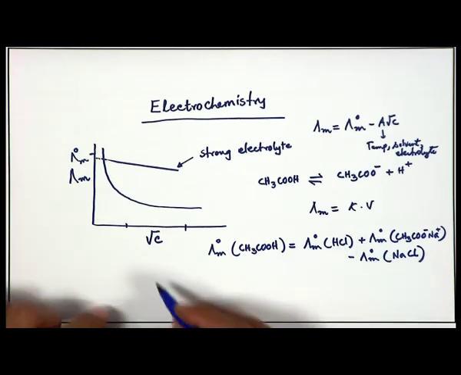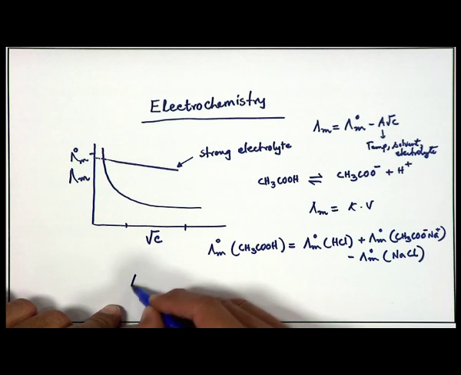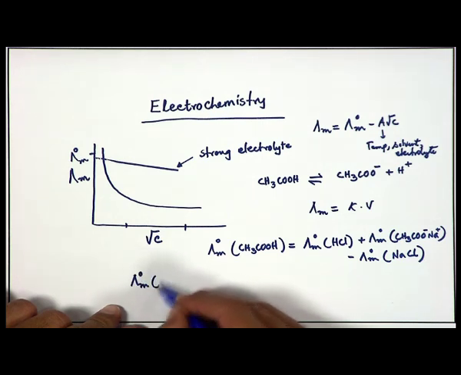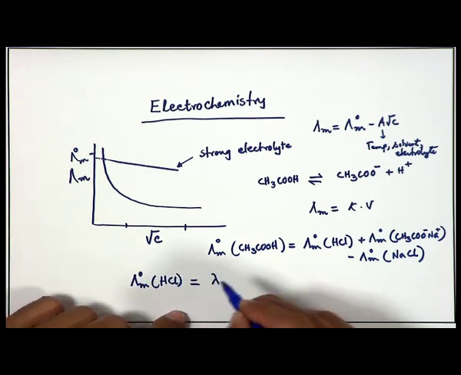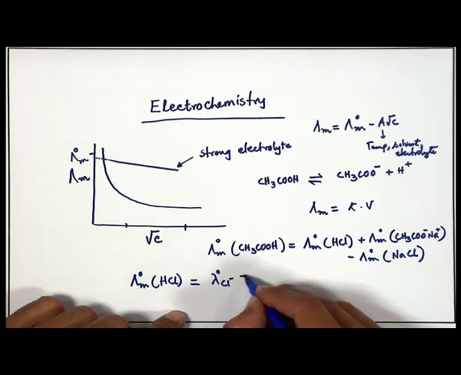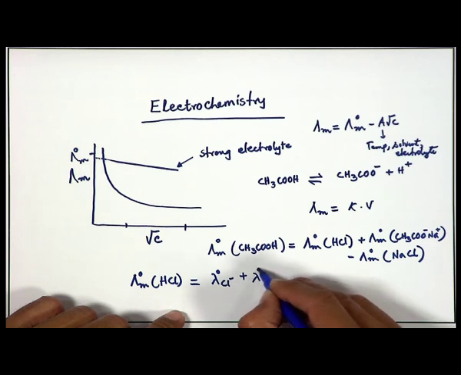The idea is that if you think about, say for example, lambda m 0 HCl, it is nothing but lambda 0 for Cl minus plus lambda 0 for H plus.